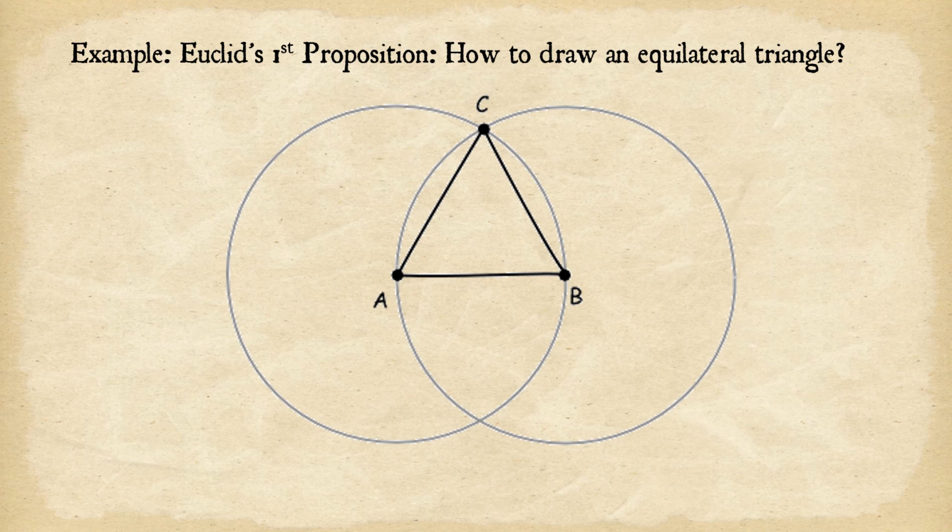So logically, visually, we see that all three sides are equal. And that's a very simple example of how you can use these logical propositions, these premises, to build mathematical proofs.